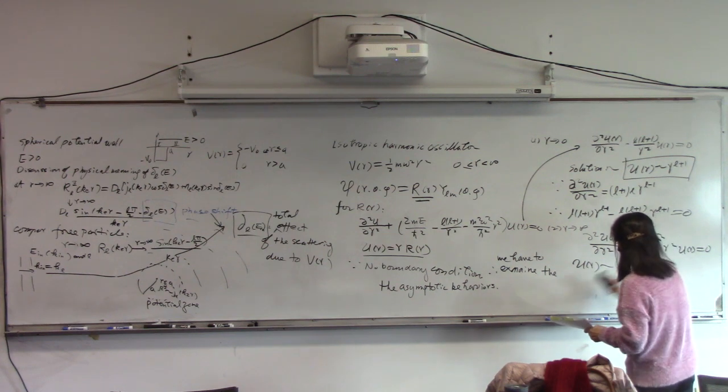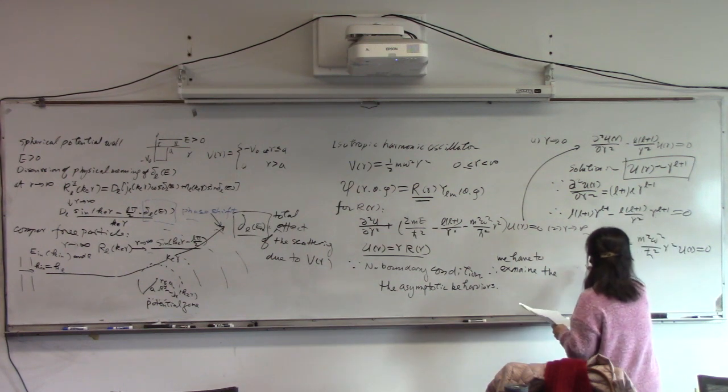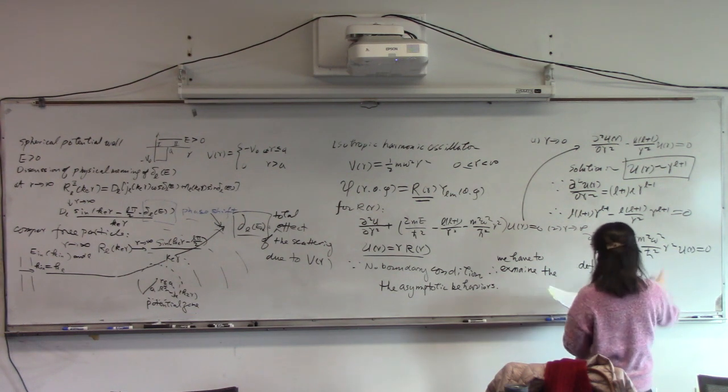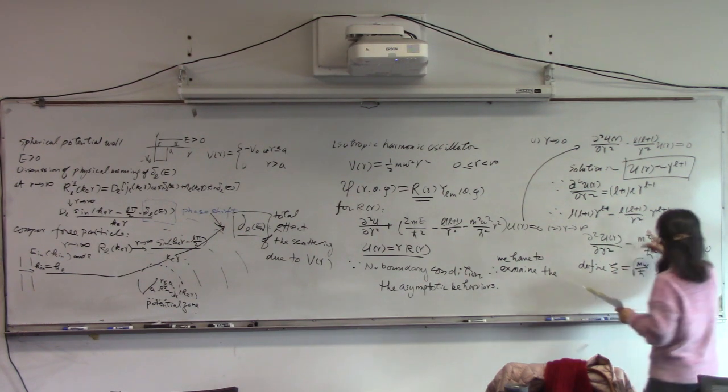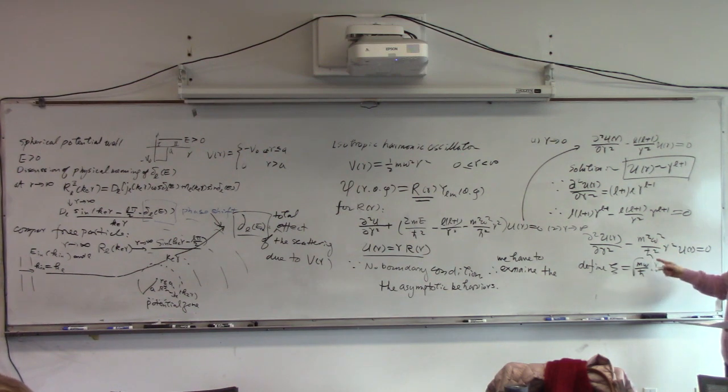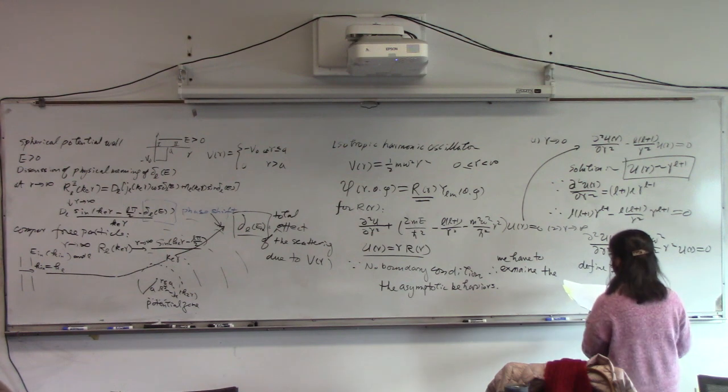So let's define psi as the square root of m omega over h bar, times r. Here this is set to the fourth power, right? Because it's a square here.